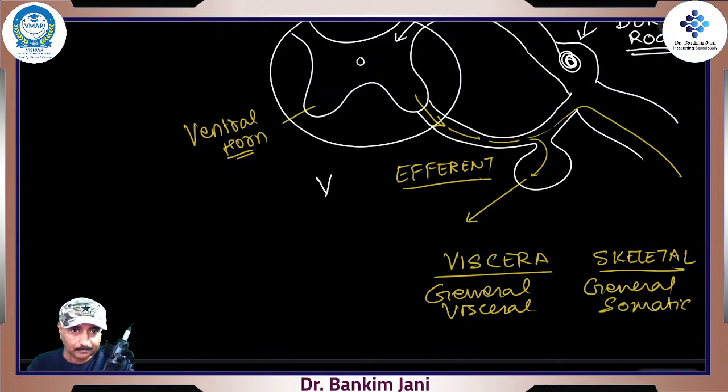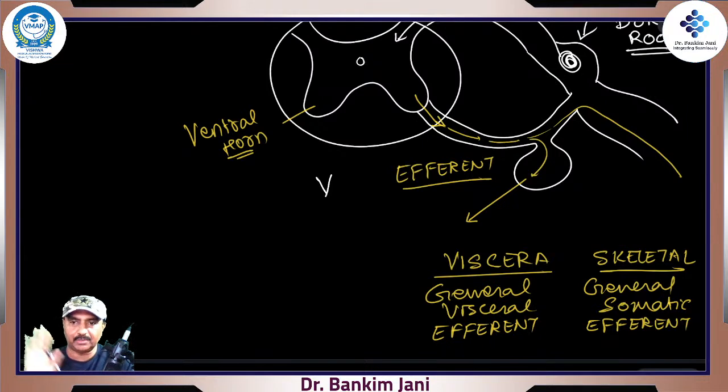But another interesting thing is that over here also these are exiting, these are the efferent, so we'll call that general visceral efferent. Similarly, general somatic efferent, because whenever we say efferent, that means they are coming from the ventral horn.